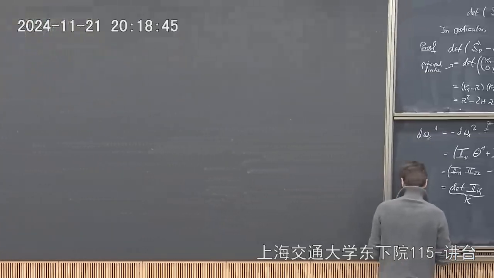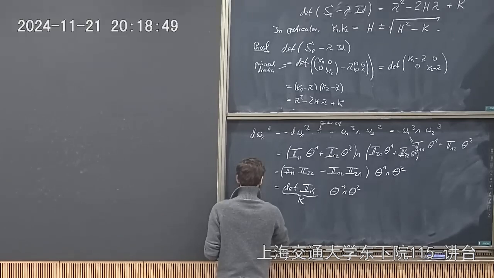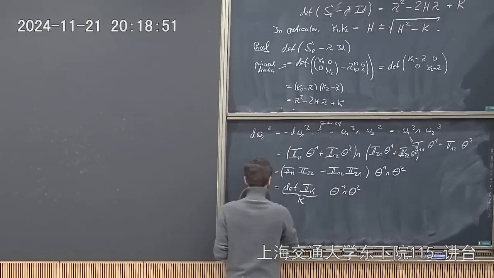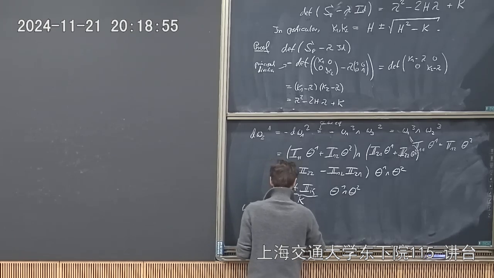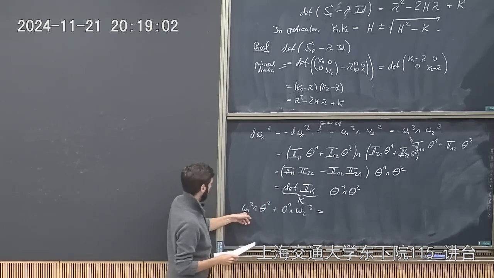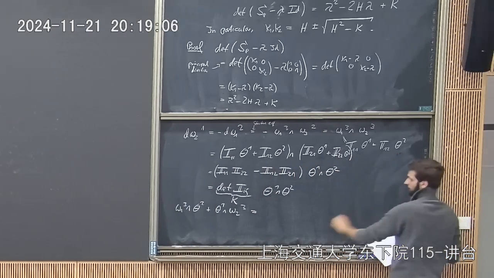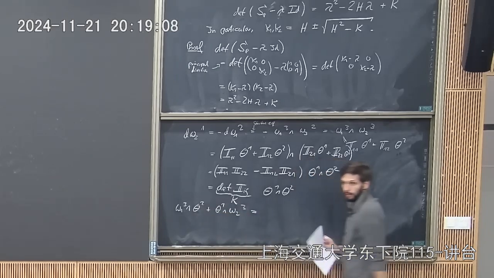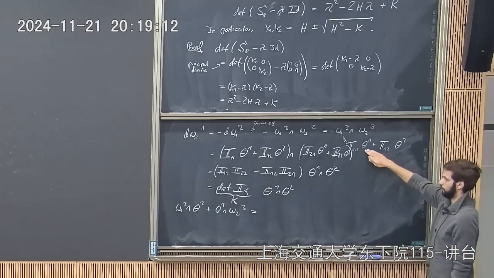And the second equation follows from a similar calculation, namely you start here, and now we insert for omega 1 3 this expression, but then you see the only one that survives the wedge product with the theta 2 term is this first one.